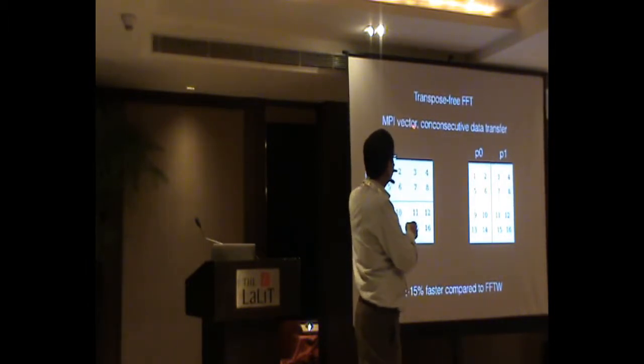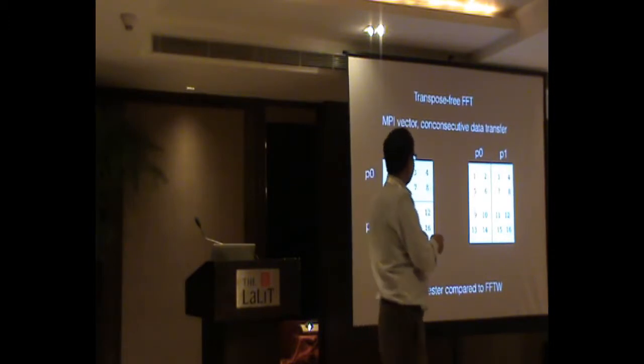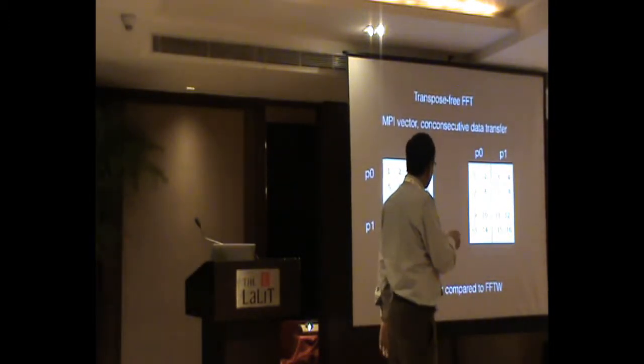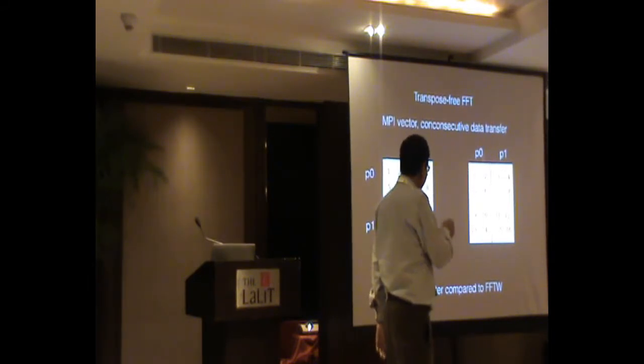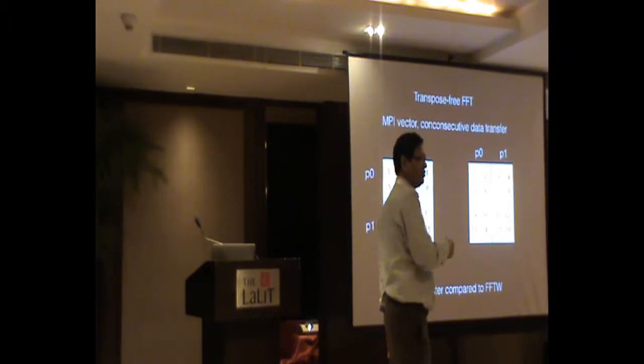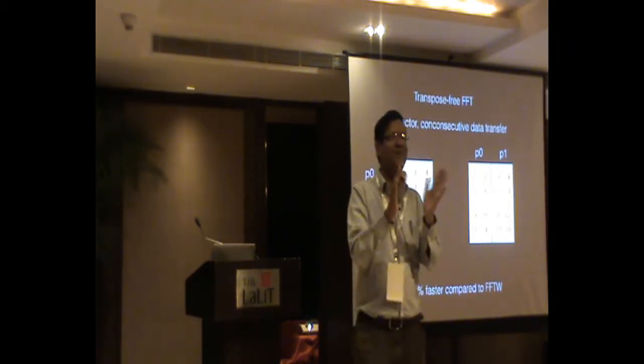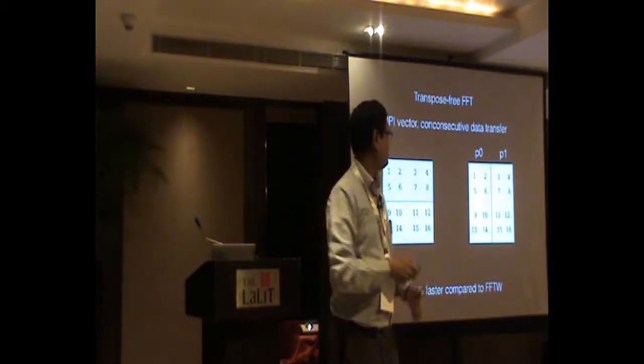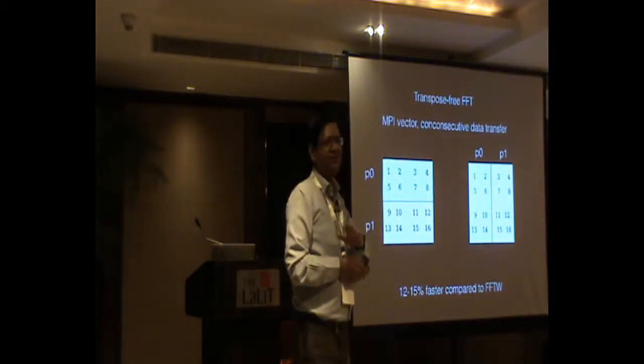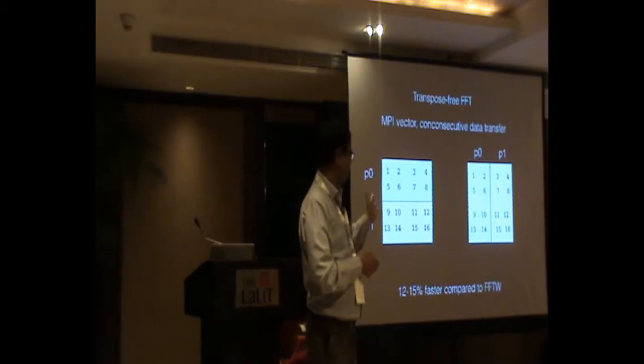But we don't do it by this function, which is quite a nice function, MPI vector. You can see that its order remains 1, 2, 5, 6, then 3, 4. But my process 0 has now become like this. So it's possible to do with sophisticated MPI functions. We could do it, and it gives a speedup, but not very significant.